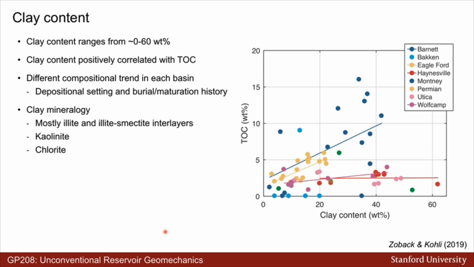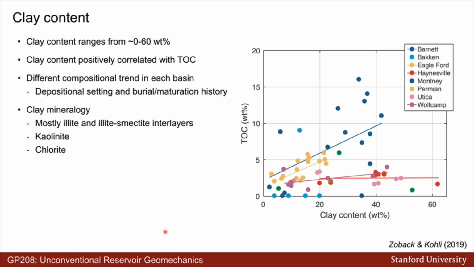So when we think about the clay content of these rocks, we're really talking about rocks about 0 to 60 weight percent in clay. And on the right is a collection of rocks from the same reservoirs that we looked at in the ternary diagrams, showing the distribution of total organic content versus clay content. And what we can see is that there's quite a bit of scatter, but in general, clay content seems to be positively correlated with total organic content. Each of these lines that are drawn on the plot are actually fits to the individual reservoir data.